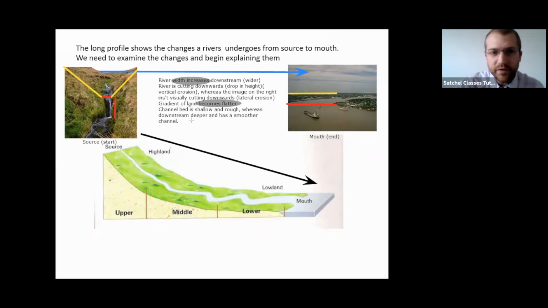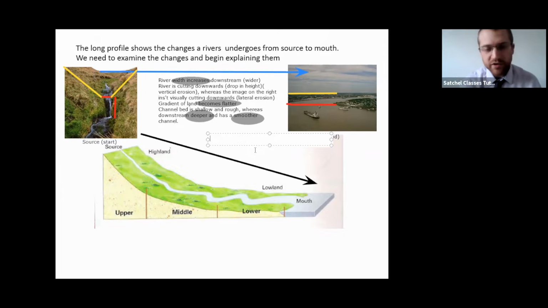So the image further down becomes deeper, and it has a smoother channel as well. Okay, so these are key characteristics that we can identify. Now, if we look towards the long profile, the diagram, these become a little bit clearer.